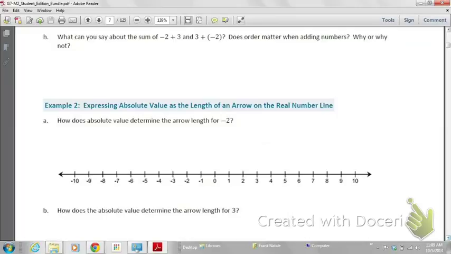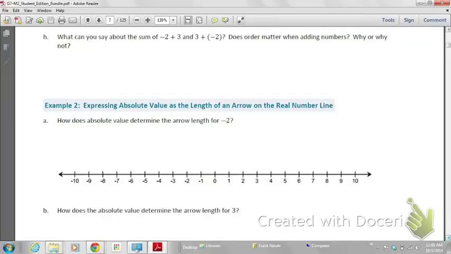H asks this question: what can you say about the sum of negative 2 plus 3 and 3 plus negative 2? Does order matter when adding numbers? Why or why not?